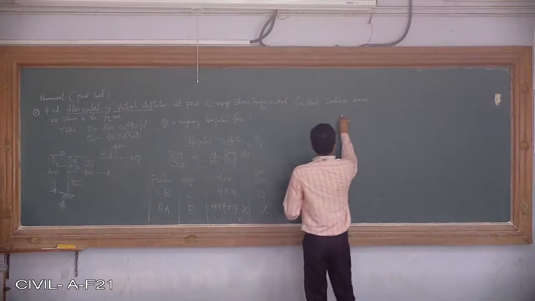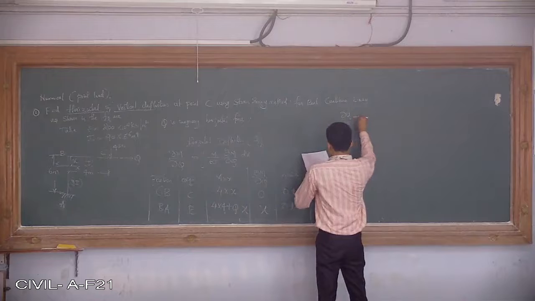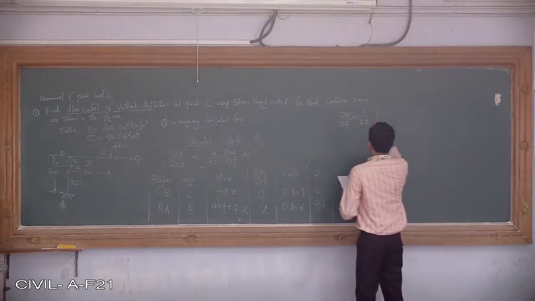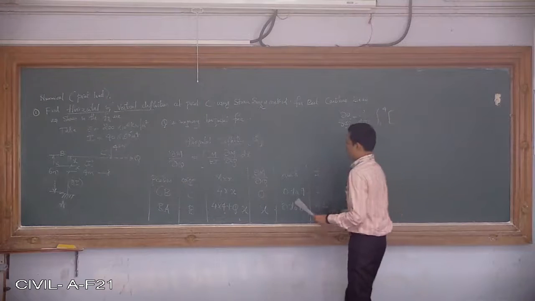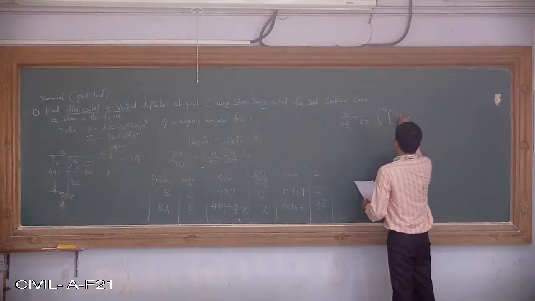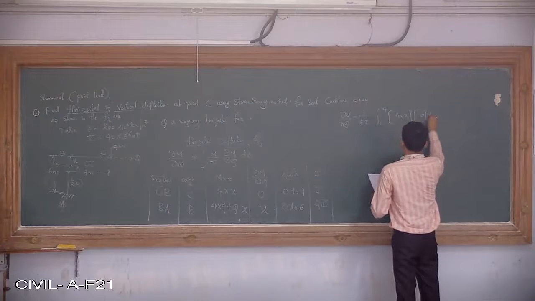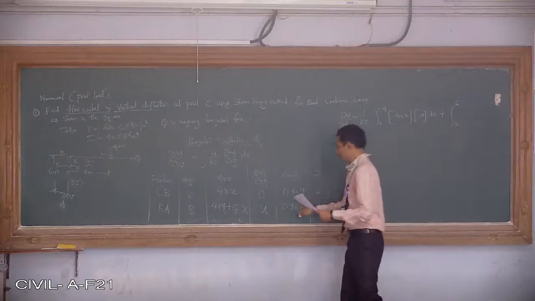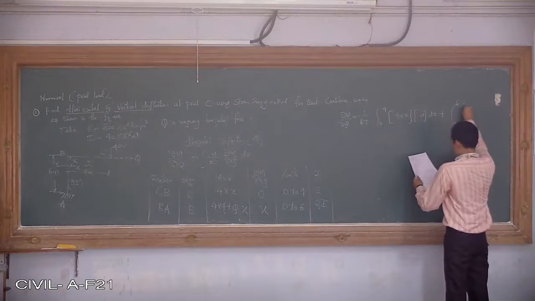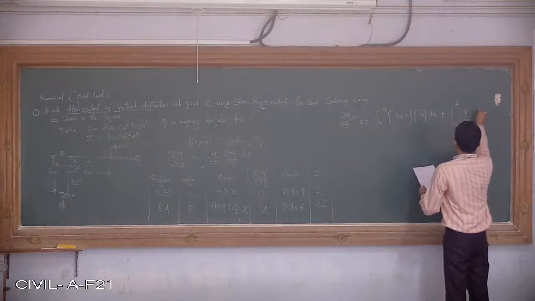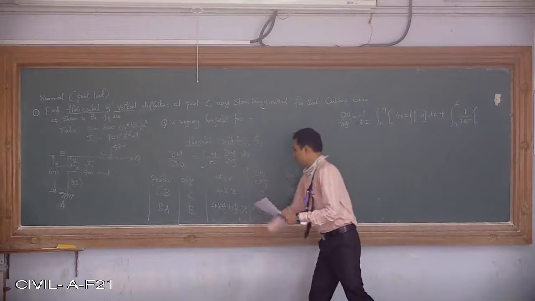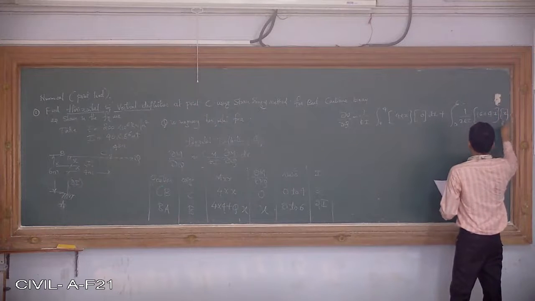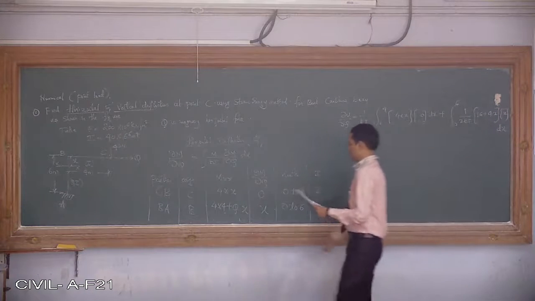Next, dou U by dou Q is 1 by EI. I am taking the first section, 1 by EI, integration 0 to 4, with moment 4 into x. The differentiation value is 0, dx, plus the second span BA with limit 0 to 6, so we have 1 by 2EI. The moment is 16 plus Q into x, into x dx.